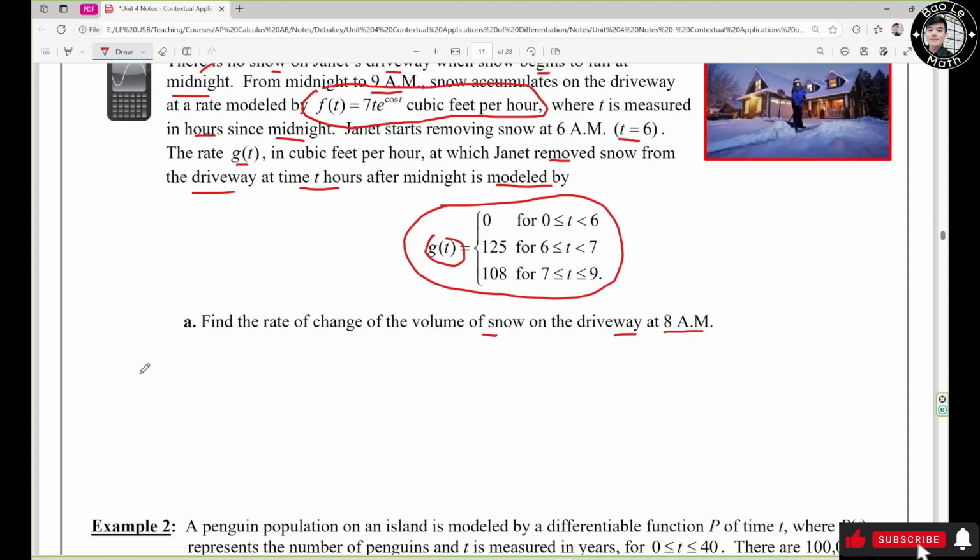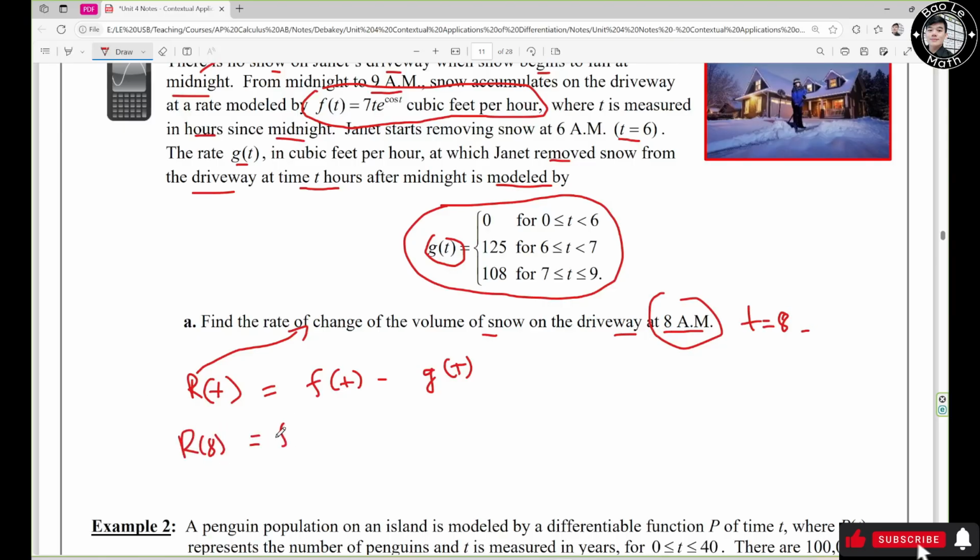So we have R(t), the rate of change of the volume of snow, equals f(t) minus g(t). Now at 8 a.m., which means t equals 8, we have R(8) equals f(8) minus g(8).